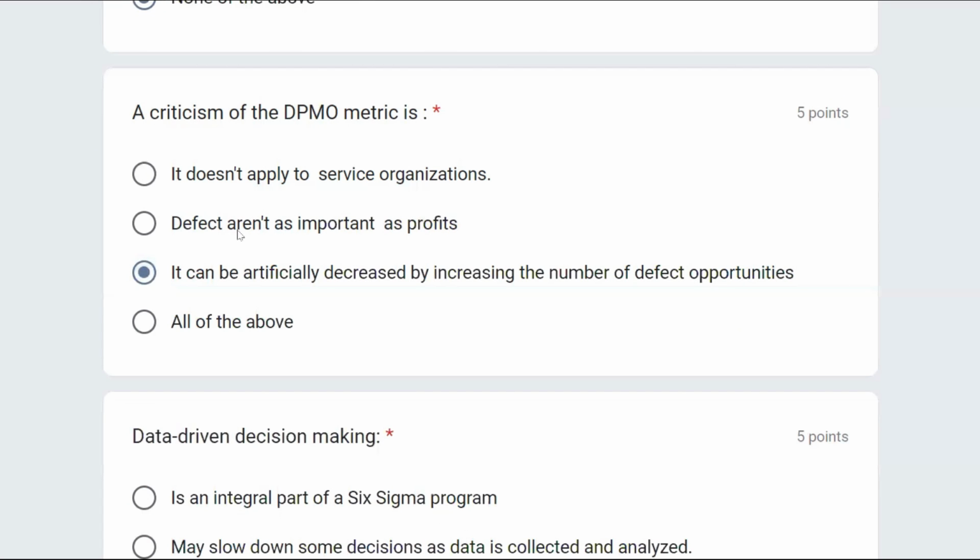We know the DPMO formula: number of defects times 1 million divided by number of opportunities times number of volume. So if you increase the opportunities, automatically DPMO comes down. This is one of the criticisms DPMO has got. That is a pitfall of DPMO.